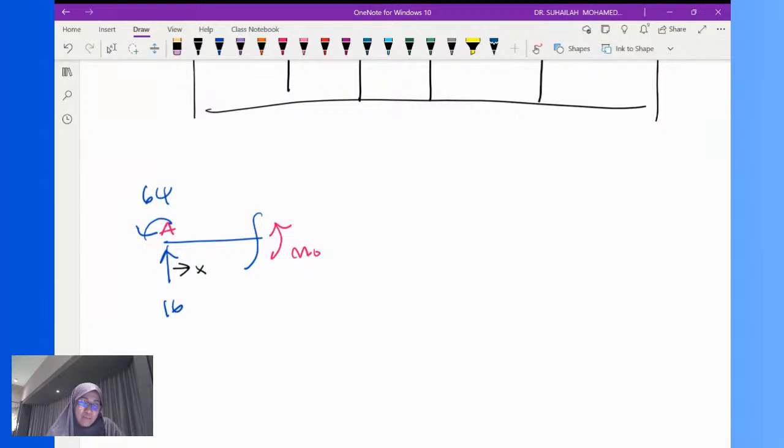This diagram is for section AB, origin A, and the limit is 0 to 4 meter.